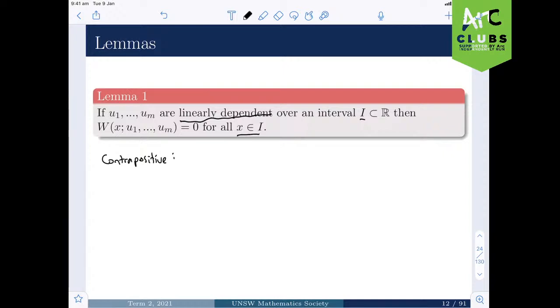Okay, I'll just tell you. The contrapositive of this statement is that if the Wronskian of the functions u1 to um is not 0, then u1 to um are linearly independent. And this is more useful because now we can show some functions are linearly independent just by calculating their Wronskian.